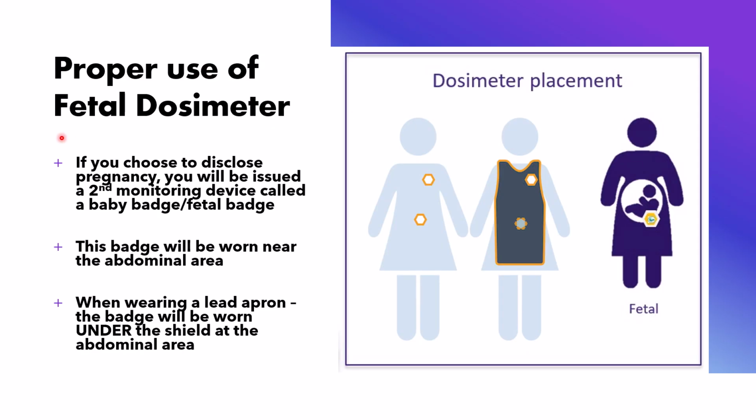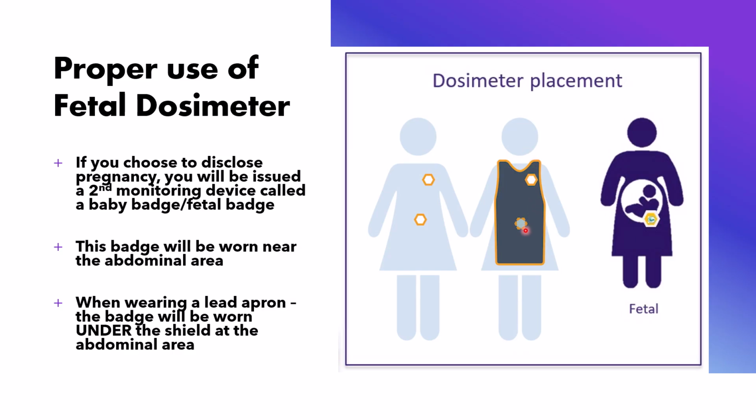Proper use of the fetal dosimeter. If you are pregnant and you have declared pregnancy to us, we will order what's called a fetal or baby dosimeter, and usually they have a little image of maybe a baby on there. You will still wear your regular dosimeter outside of the apron because this is telling the radiation you're getting.